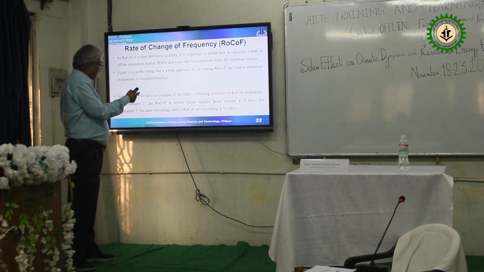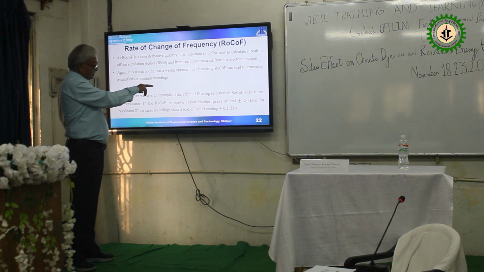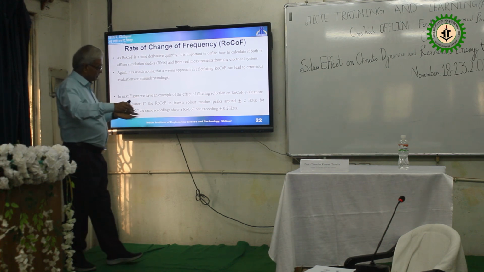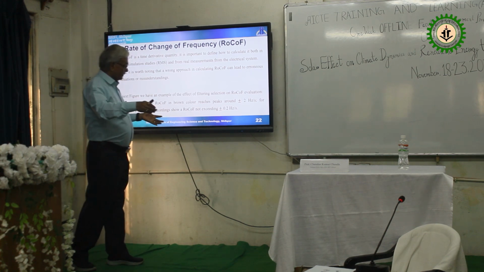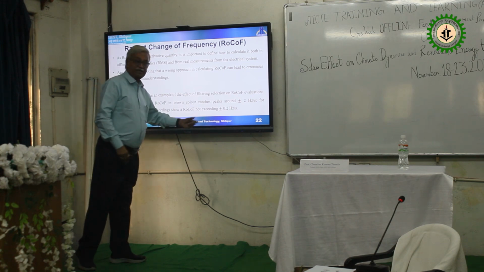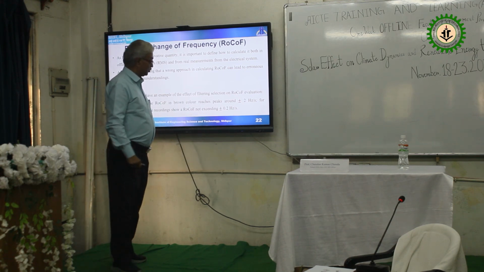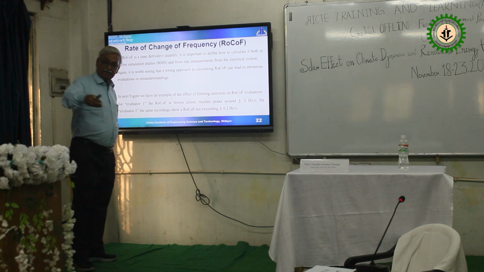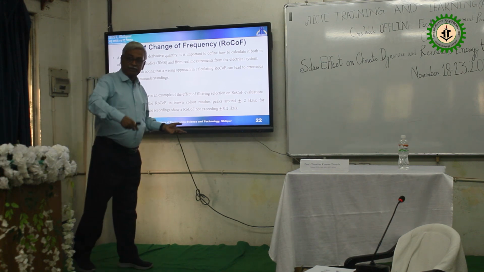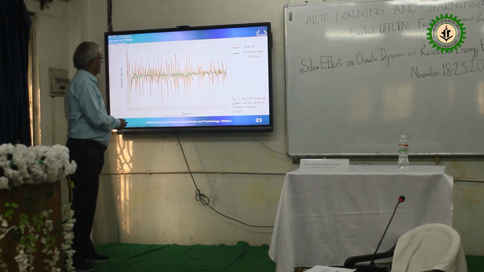In case of the frequency deviation, and in case of Rokov, the boundary value or the band is very tight, plus minus 0.2 per second, as I told in the beginning. Very tight bandwidth of the frequency in that frequency estimation.